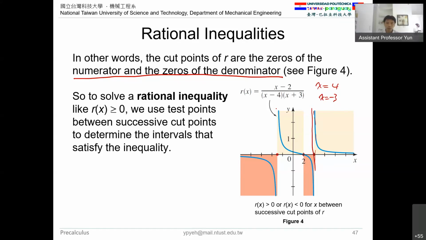And also the horizontal asymptote, you can see that when it's equal to zero here. So, and also this n is smaller than m here. So you can see the horizontal asymptote is y equal to 0 in this case, okay.